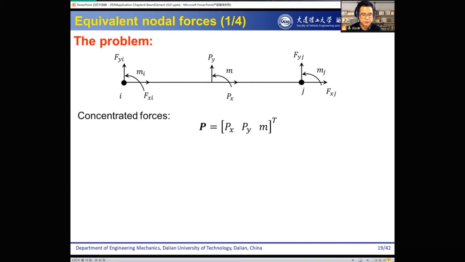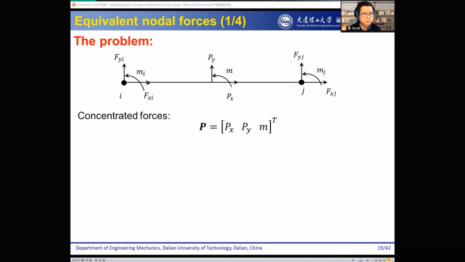So the aim, as I said, is to transfer all the non-node force into the node force in order to consider its effect, in order to put it into the stiffness matrix.